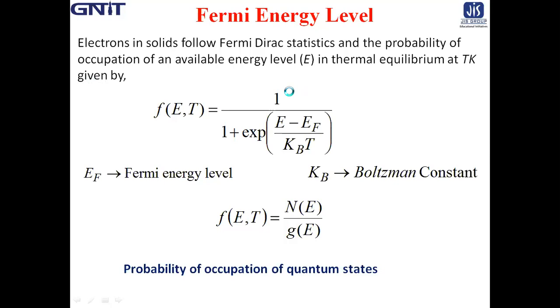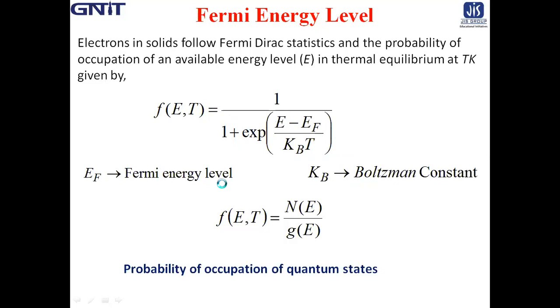The probability of occupation of an available energy level E in thermal equilibrium at temperature T is given by the function f(E, T), which is 1 divided by 1 plus exponential of (E minus Ef) by (Kb times T), where Kb is the Boltzmann constant and Ef is the Fermi energy level.